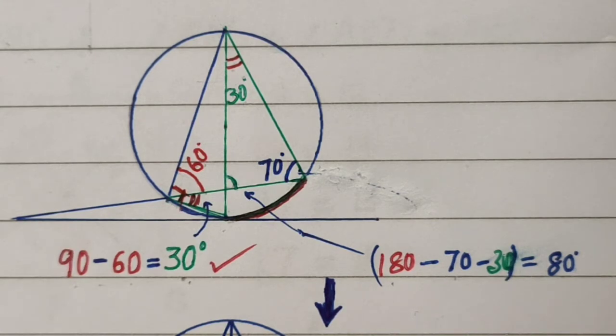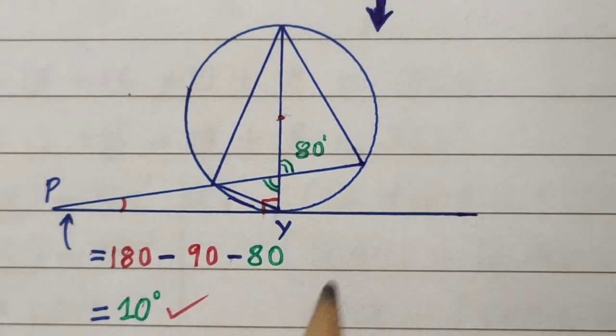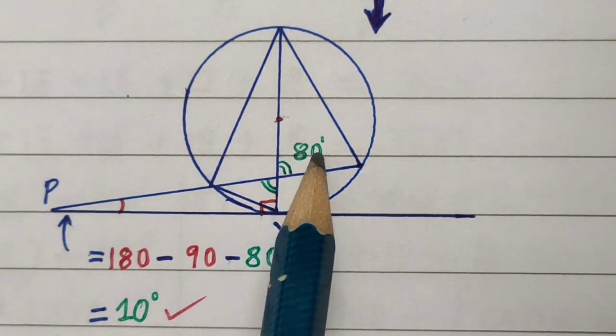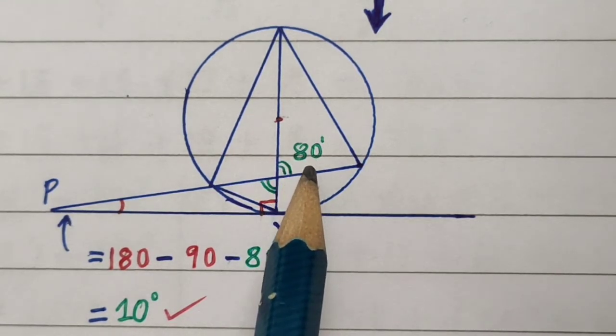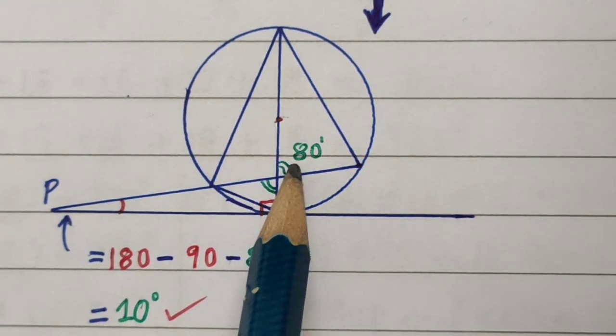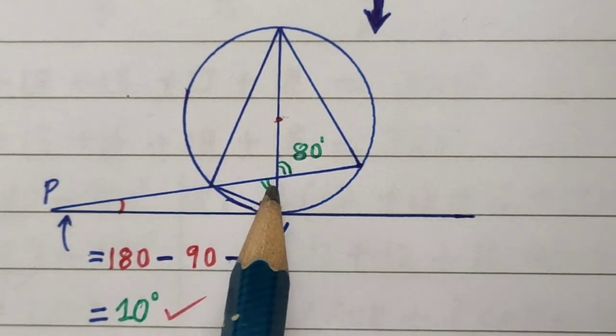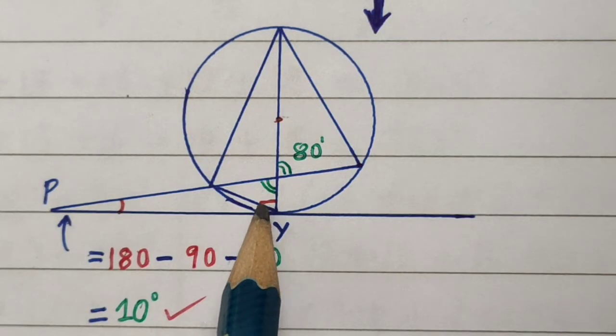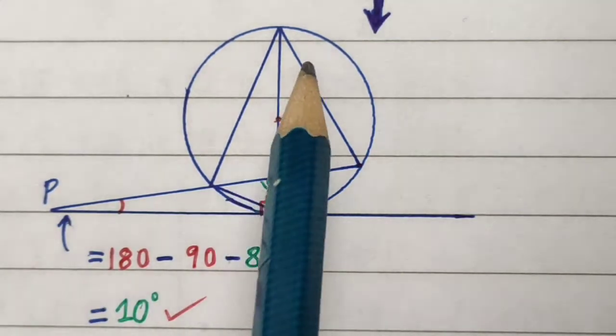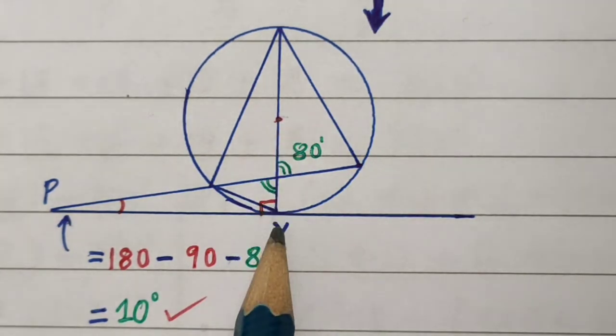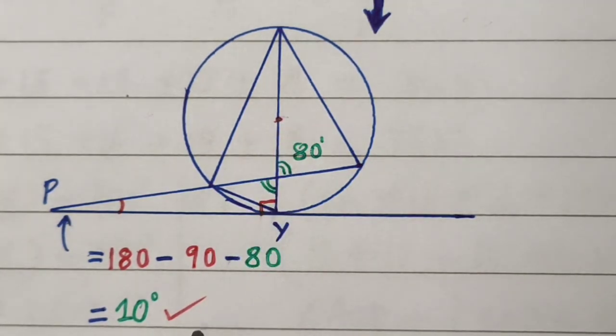Next we'll go to the next picture. Just now we found out this angle as 80 degrees. We know that vertically opposite angles are equal. If this is 80, this is going to be 80. We also know that this is 90 degrees because the tangent and the diameter are perpendicular to each other.